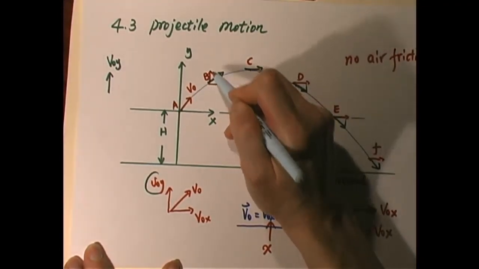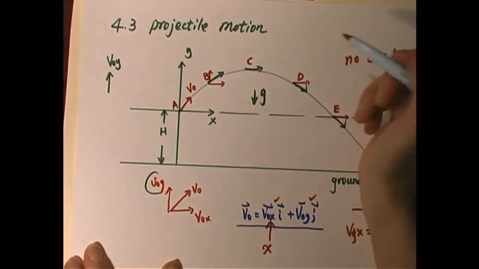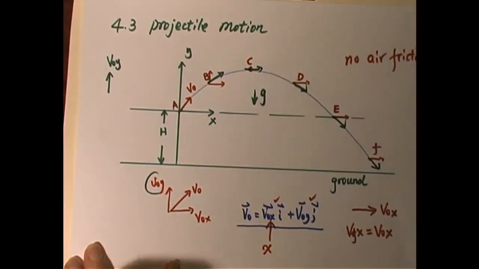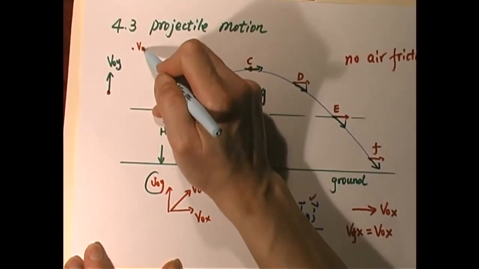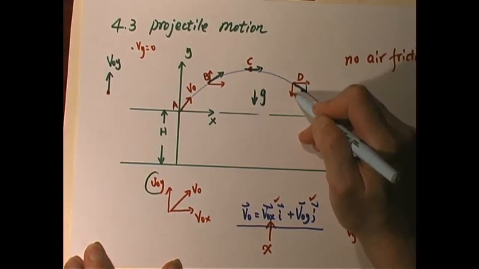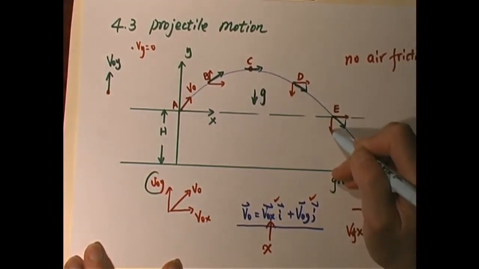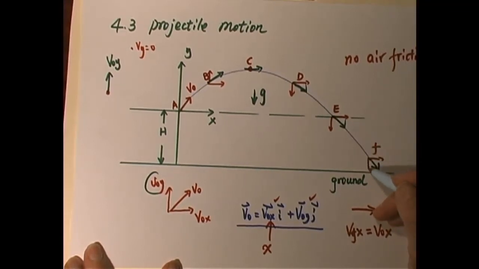This is how much y at B. There's no y component at C at all because this is the peak. At the peak, Vy equals 0. And then it comes down, so the y component starts to increase. The steeper the slope, the longer the y.